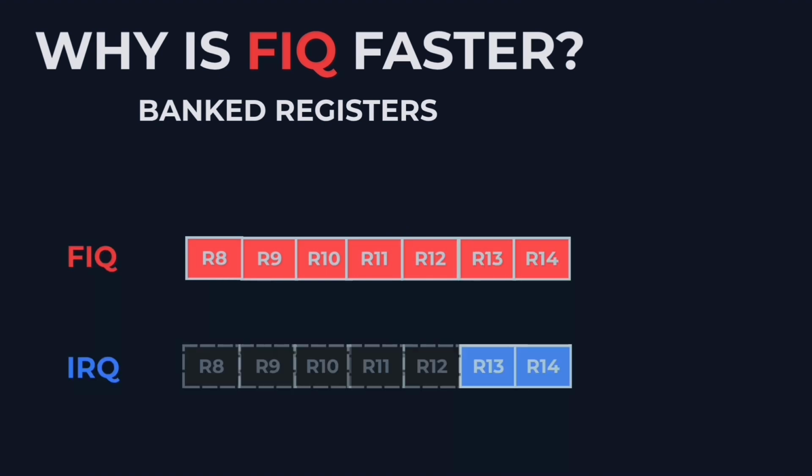In IRQ mode, these registers are shared, so they must be saved to the stack before use. But in FIQ, they are already separate, so no saving is needed. This reduces interrupt latency, which is the time between interrupt occurring and the start of the ISR. In IRQ mode, only registers R13 and R14 are banked.